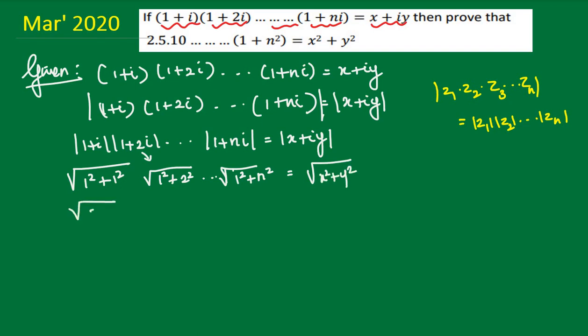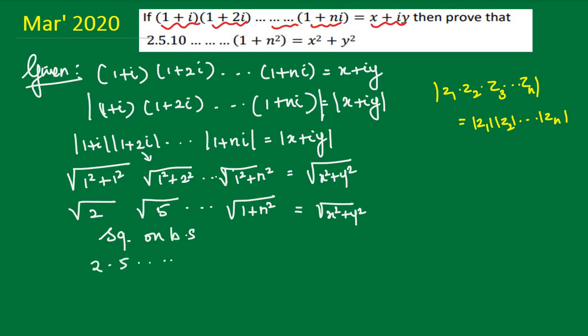So this is root of 2, root of 5, going on up to root of 1 plus n square, equal to the right hand side, root of x square plus y square. Squaring on both the sides, we get 2 into 5 into going on up to 1 plus n squared, which is equal to x square plus y square, hence proved.